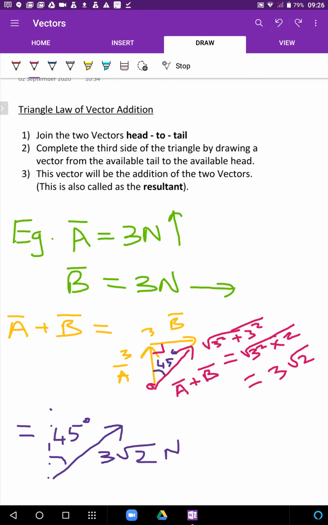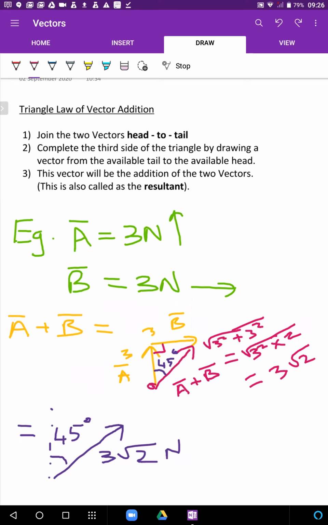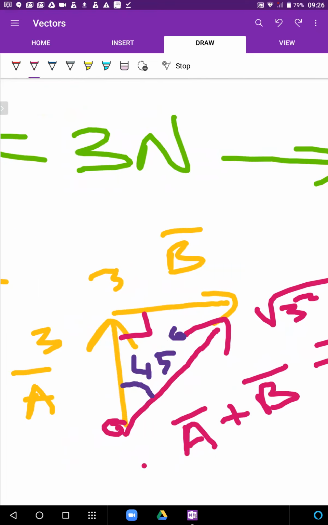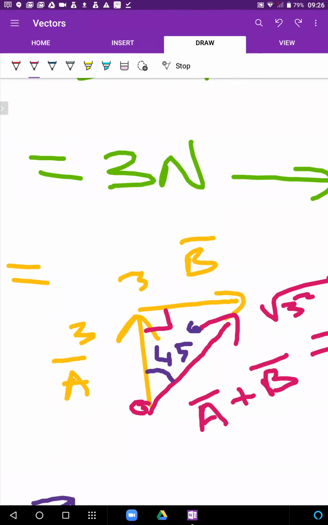Now about the angle. If you just look at this, this is a right angle isosceles triangle. One angle is already 90. Secondly, these two sides are equal in magnitude.